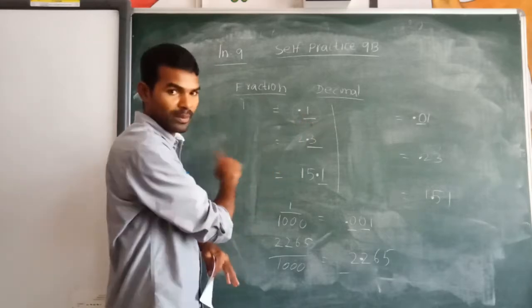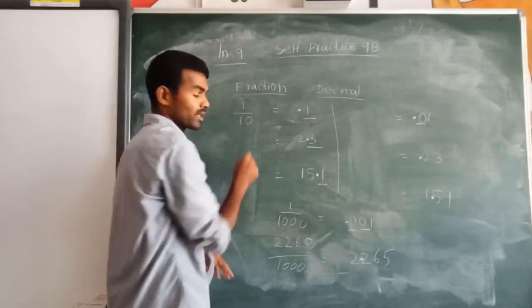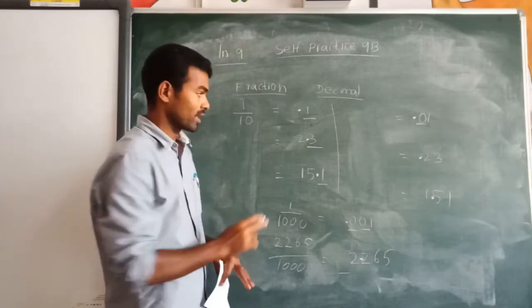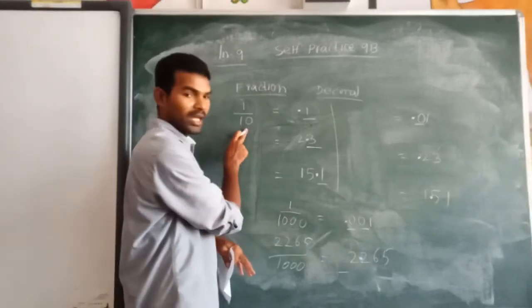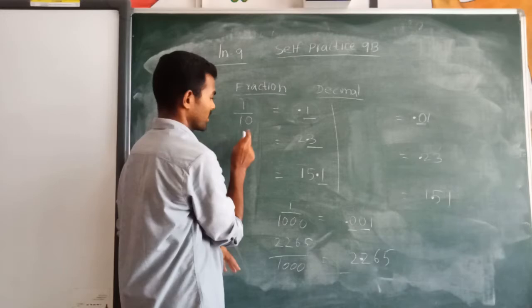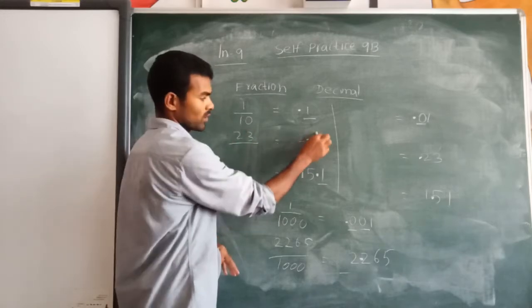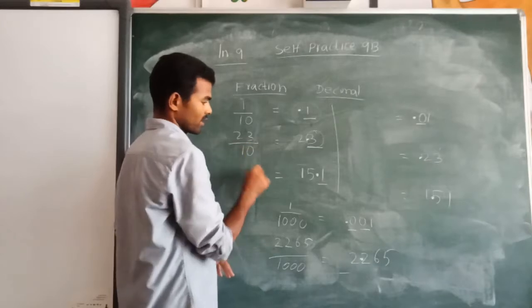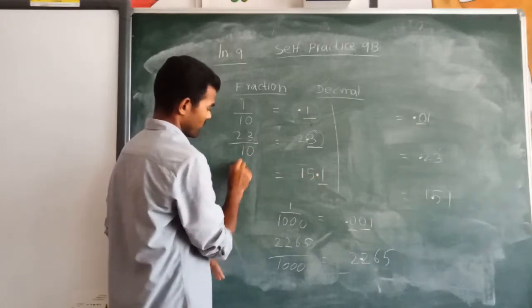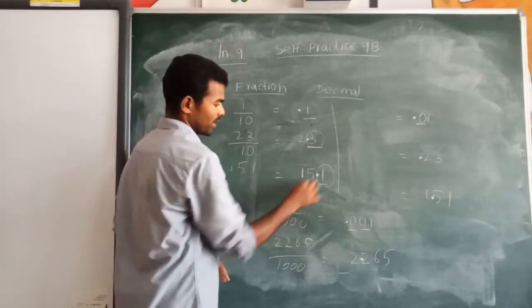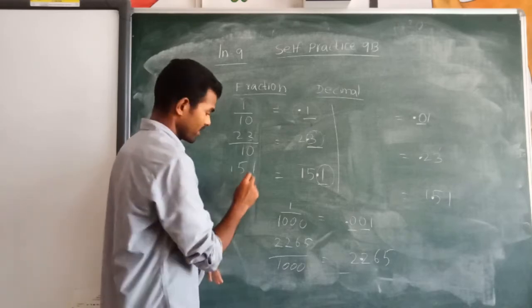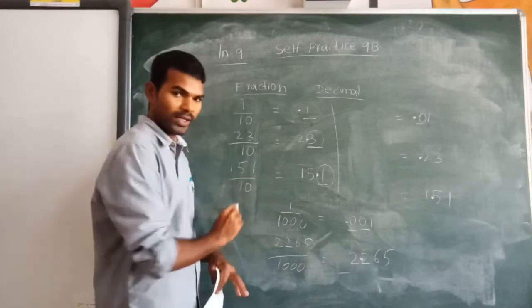That means what is the denominator? 10. One decimal place means denominator 10. This is 23, write the 23, only 1 place, so by 10. See 151, how many decimal places? 1. That means by 10, like this.